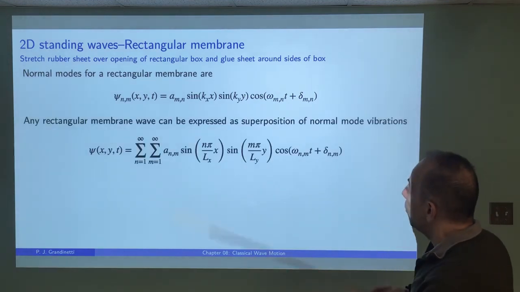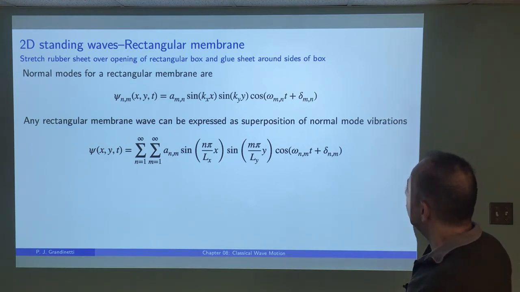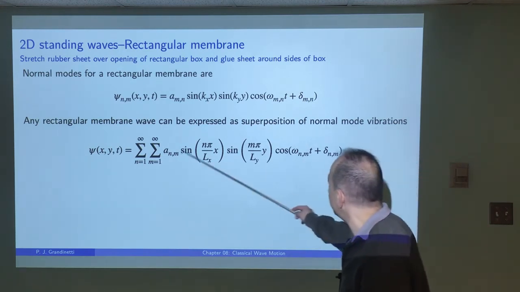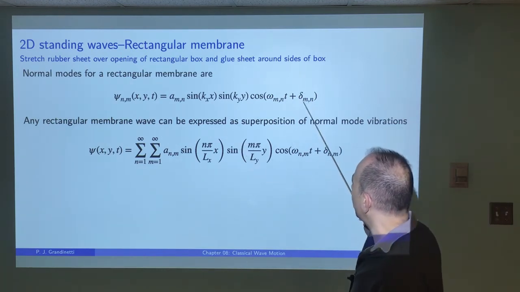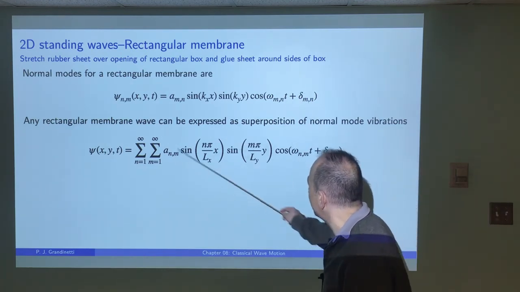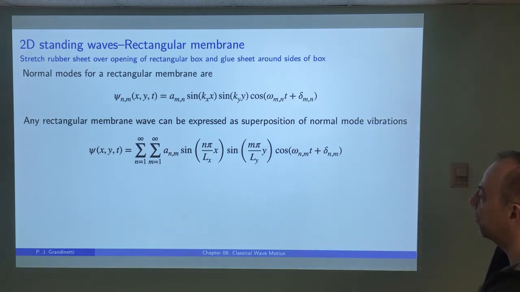So any wave on this rectangular membrane can be written as a superposition of these normal mode vibrations. Here we have our normal mode, and we can add them up with different amplitudes, and we can get any solution for the wave function on the drumhead here.